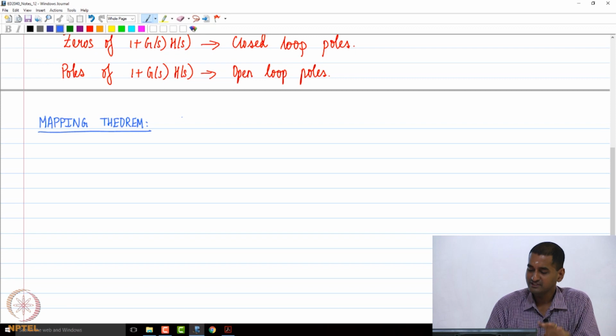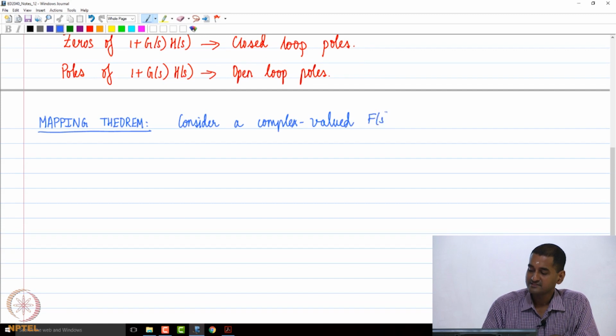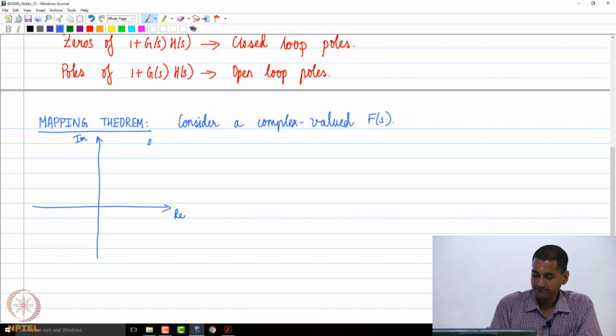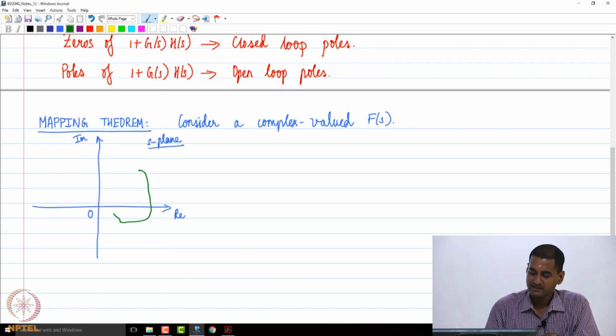So let's consider a complex valued function F(s). What we are saying in the mapping theorem is that first you give me the S plane, and I take any arbitrary closed contour in the S plane.